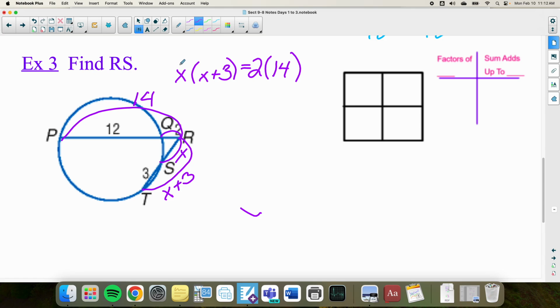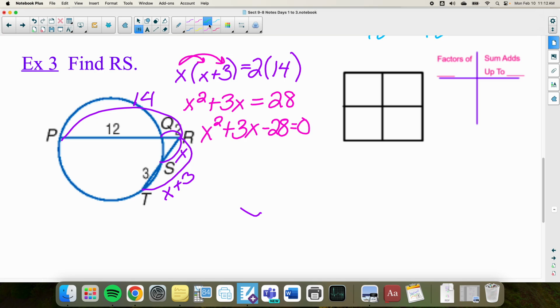Now, if I go and distribute here, I'm going to get x squared plus 3x equals 28. And this is one that has an x squared, an x, and a number, so I have to factor it. So to do that, I'm going to bring the 28 over, and it's going to be minus 28 equals 0.